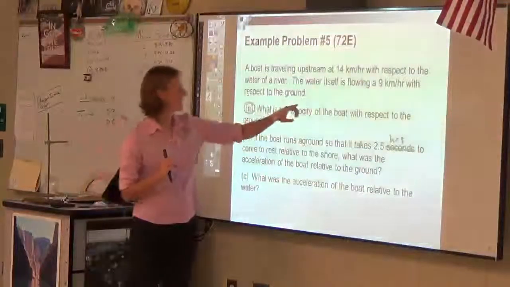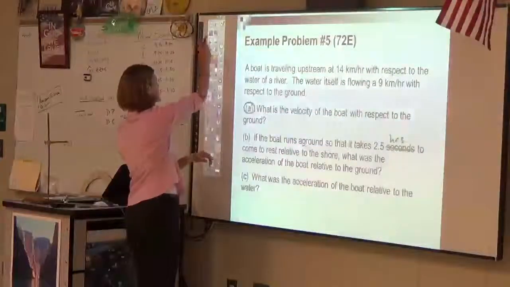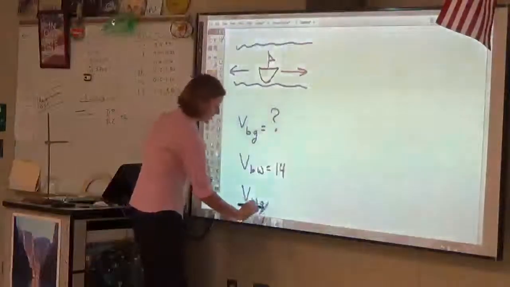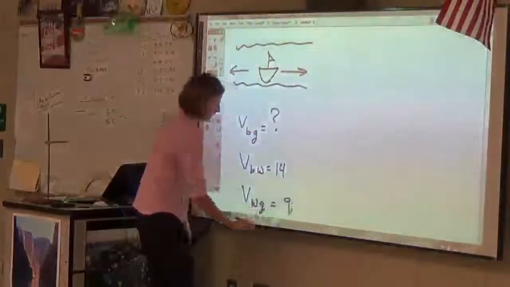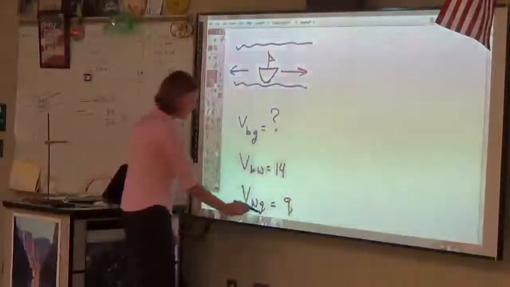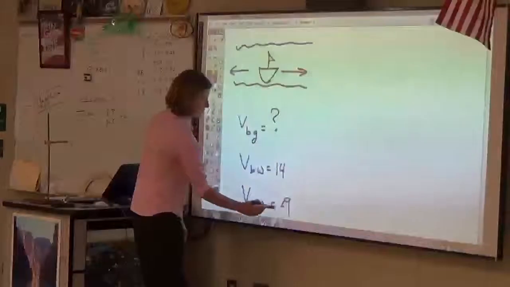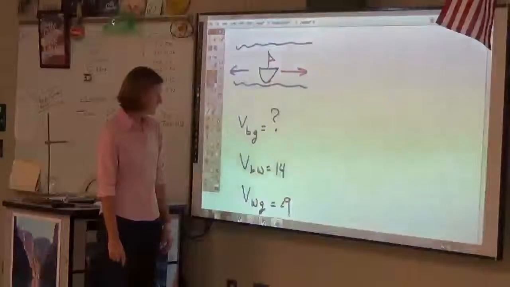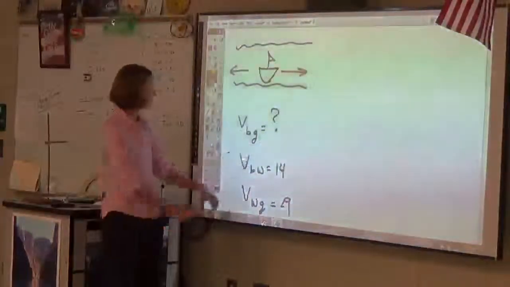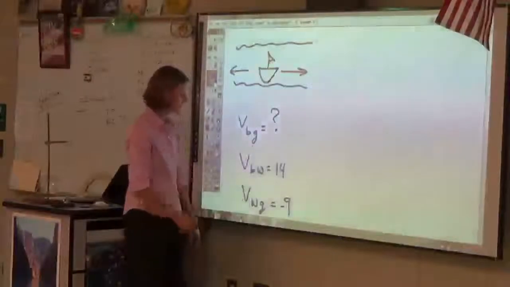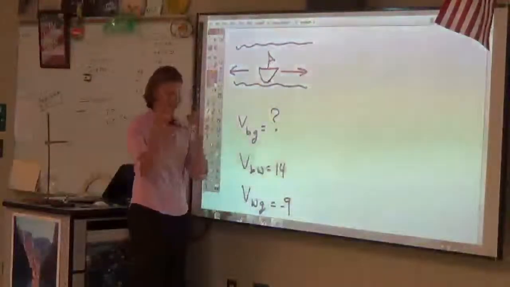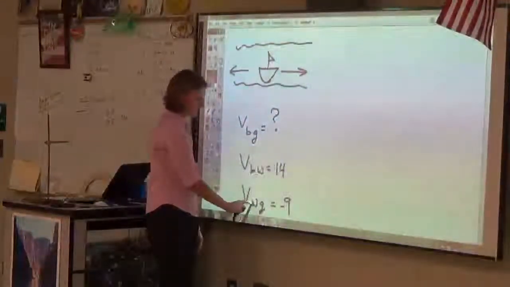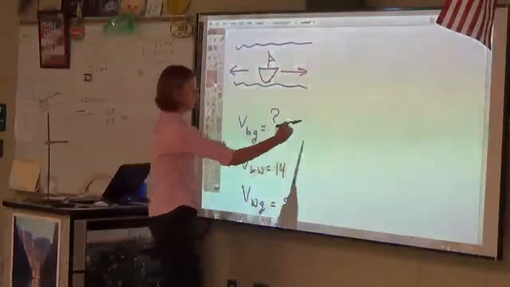Okay, the water itself is flowing at 9 kilometers per hour with respect to the ground. And I do need to start worrying about directions. If this is moving downstream, the way I've drawn my little picture, this should be negative, all in kilometers per hour. I've kept good records and got all my letters correct.